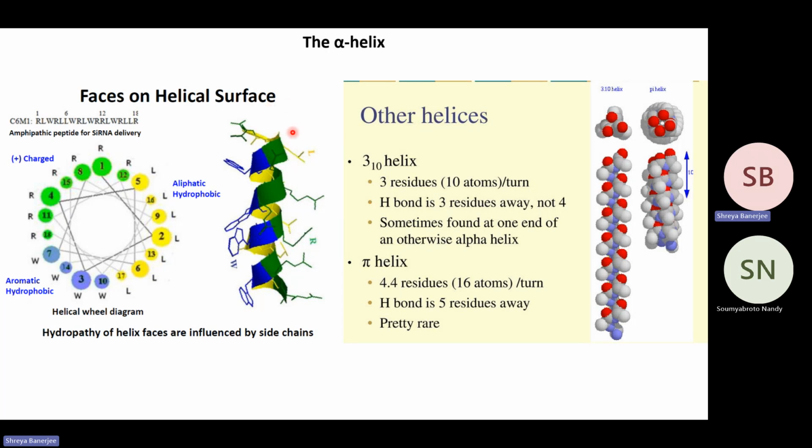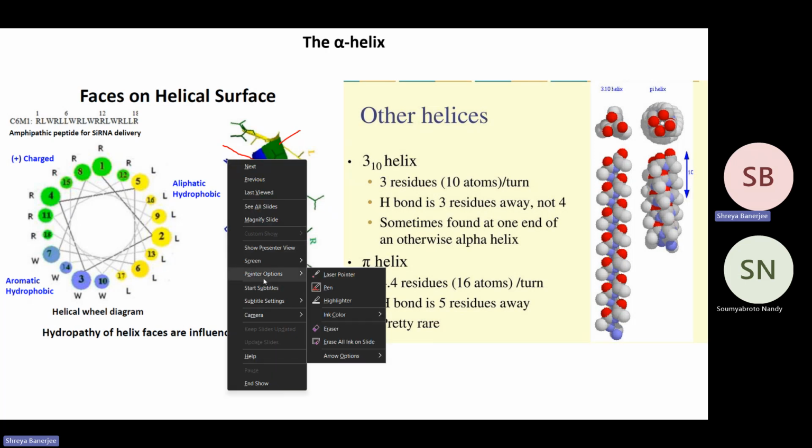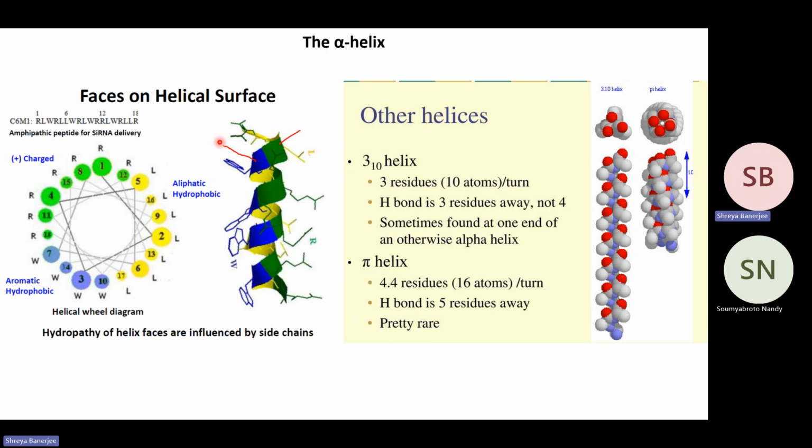Suppose you have a helix interacting with some other molecule, and one face is exposed to solvent, and this face is interacting with some other molecule. In order to optimize this interaction, you can design the helix in such a way that the face interacting with the hydrophobic molecule is hydrophobic, and the face exposed to the solvent is hydrophilic, so that it is more stable. So the helix can be designed in such a way that different faces of the helix have different properties.